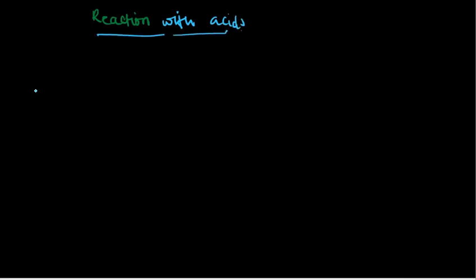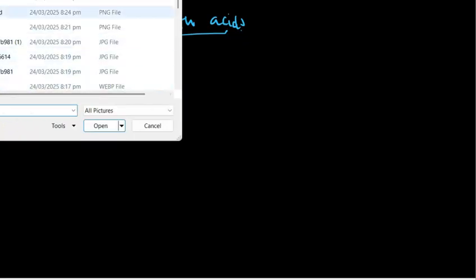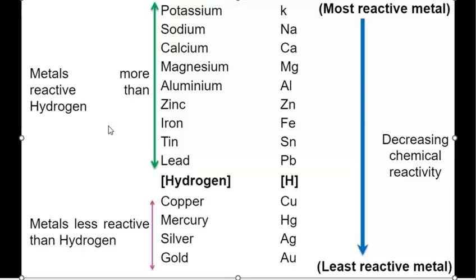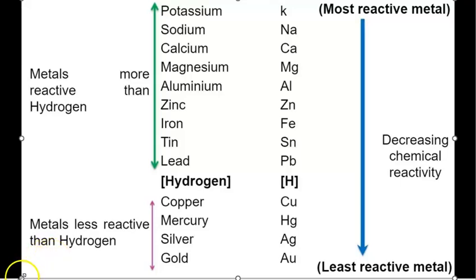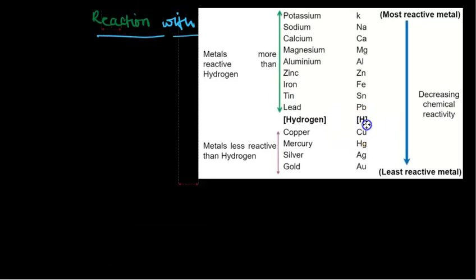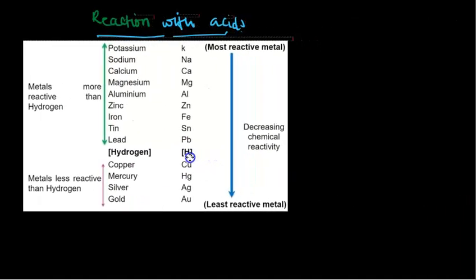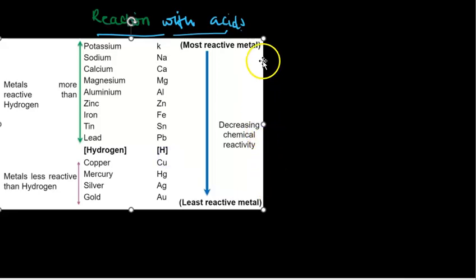Remember, in the context of the reactivity series, we can only judge this based on three things: the reaction of these metals with acids, with water, and with oxygen. So now we are on the acid part.